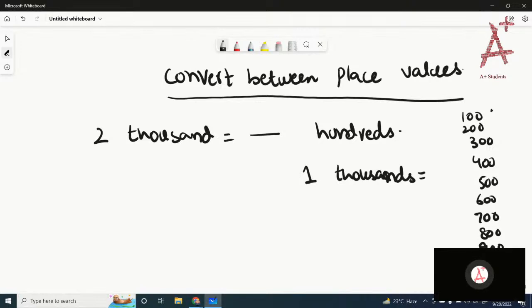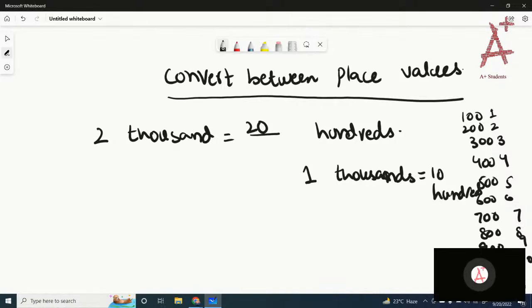So they are 1, 2, 3, 4, 5, 6, 7, 8, 9, and 10. That means we have 10 hundreds in 1000. So when you have 2000s, that means you have 20 hundreds. Got it?